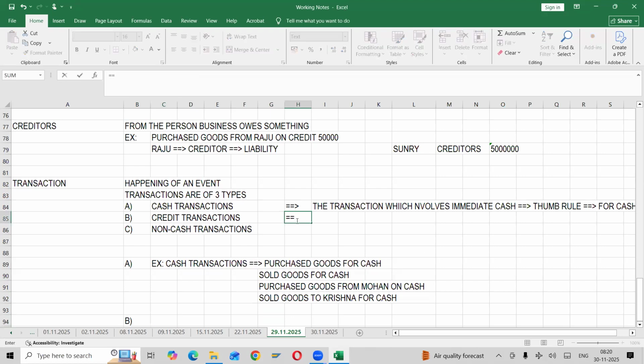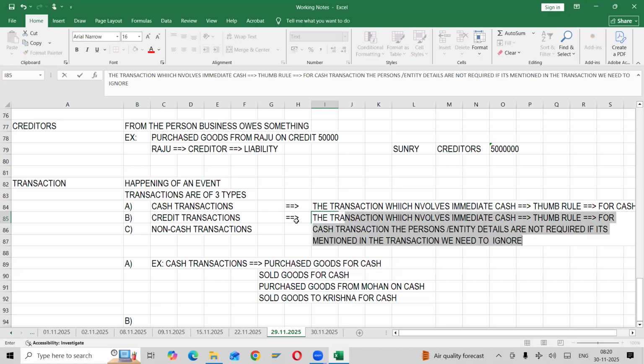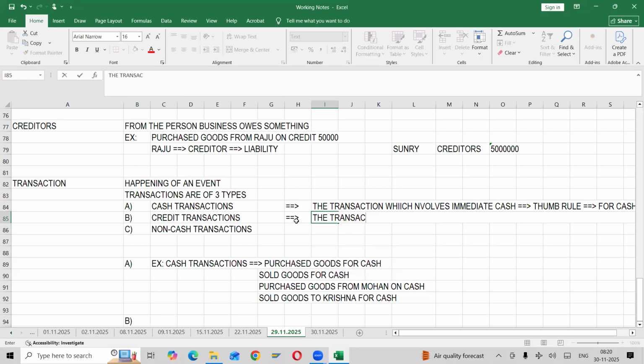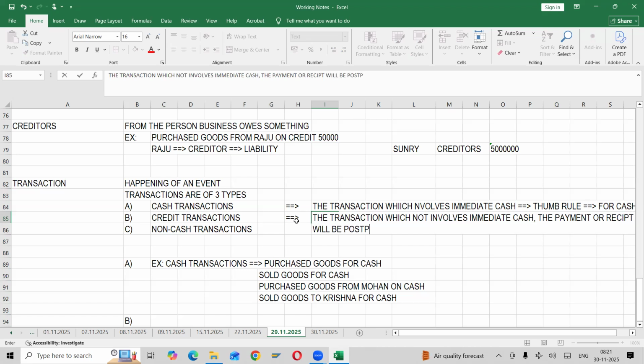The transaction which does not involve immediate cash, the payment or receipt, will be postponed to a future date.